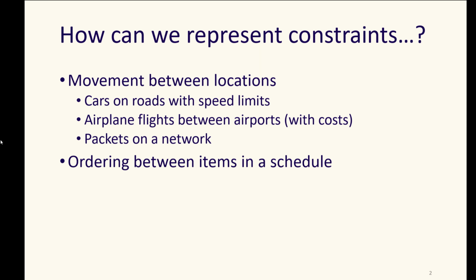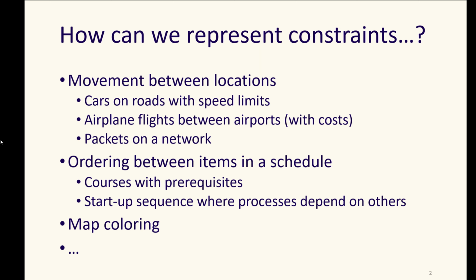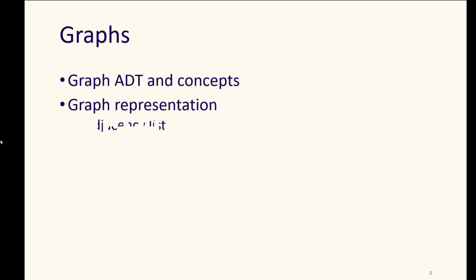And ordering between items in a schedule, such as courses that have prerequisites, or a startup sequence where some process depends on the work of another being done. Things like map coloring, if you're laying out things and you want them to each have their own unique color or their own unique feature of some kind, then we can use graphs for that.